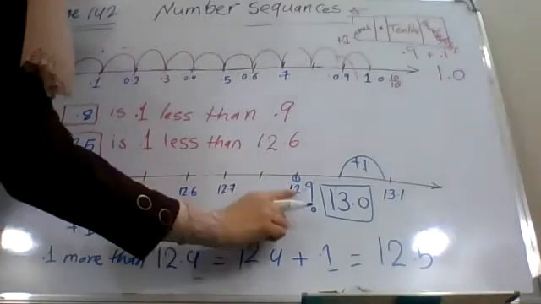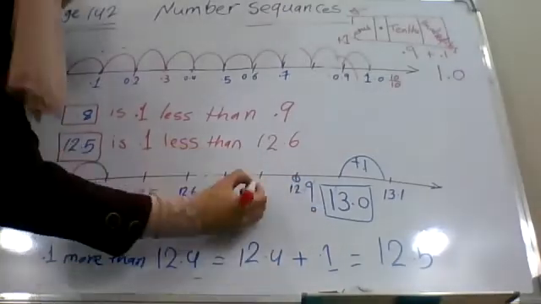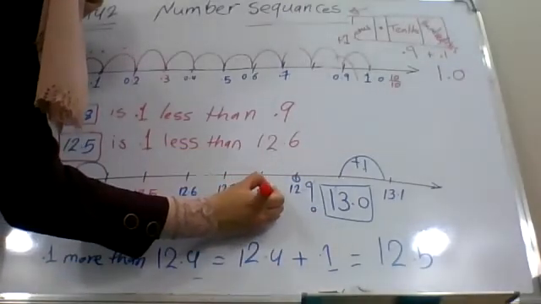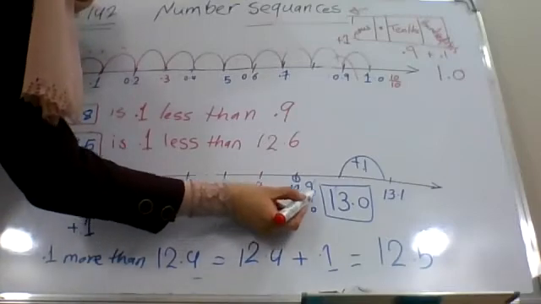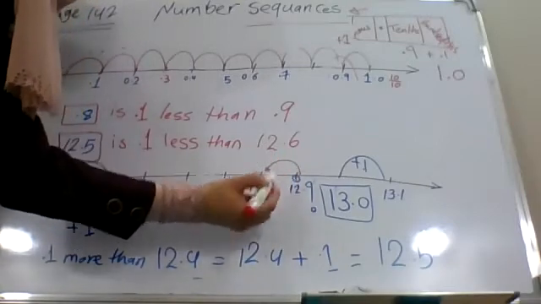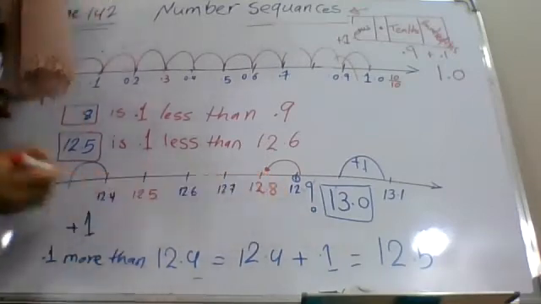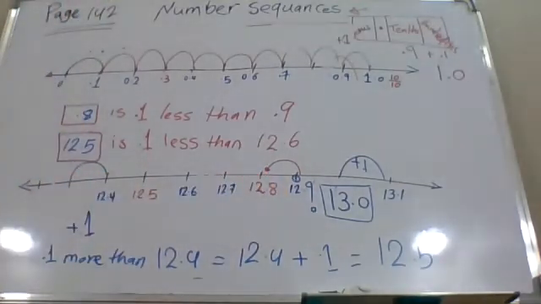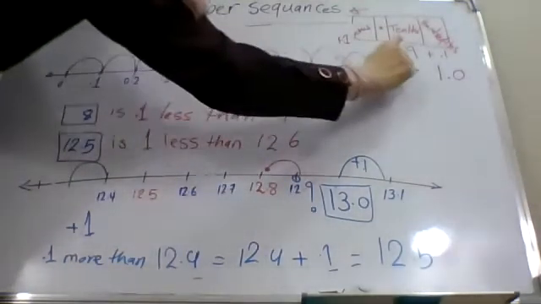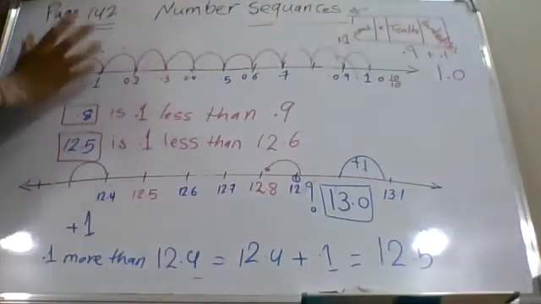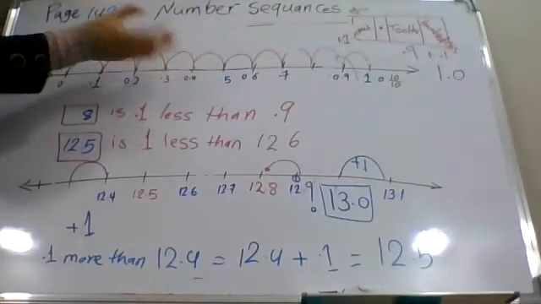How about here? I need 0.1 less than 12.9. Who can help me? Excellent. So I have 12 point, and we need to take away 1, subtract. So we're going back. Take away 1 from the 9. I have 12.8. So in this part, we're still talking about the 10th place. In the first step, we added for the 10th place.